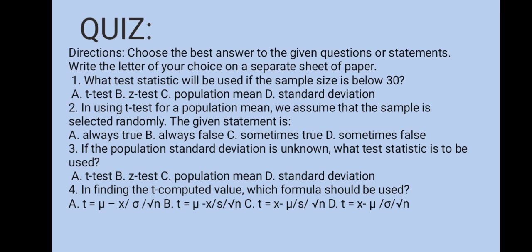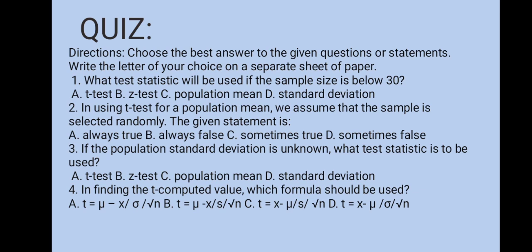Number 4. A. T is equal to mu minus x bar divided by population standard deviation over square root of n. B. T is equal to population mean minus x bar divided by s over square root of n.